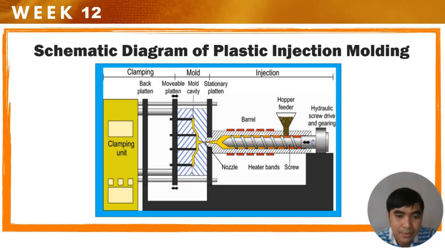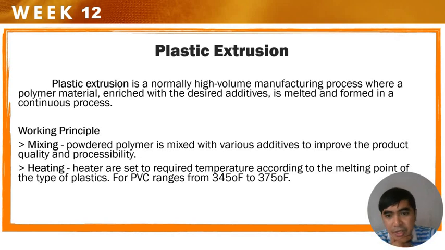Okay. So next is another plastic process, plastic extrusion. Plastic extrusion is normally a high volume manufacturing process where a polymer enriched with the desired additives is melted and formed in a continuous process.